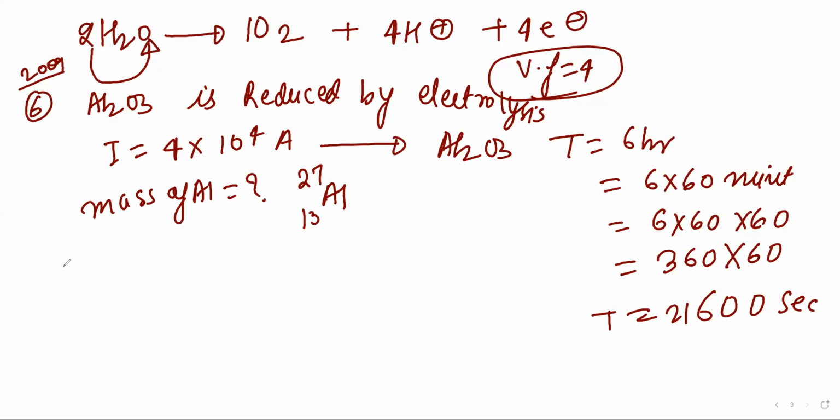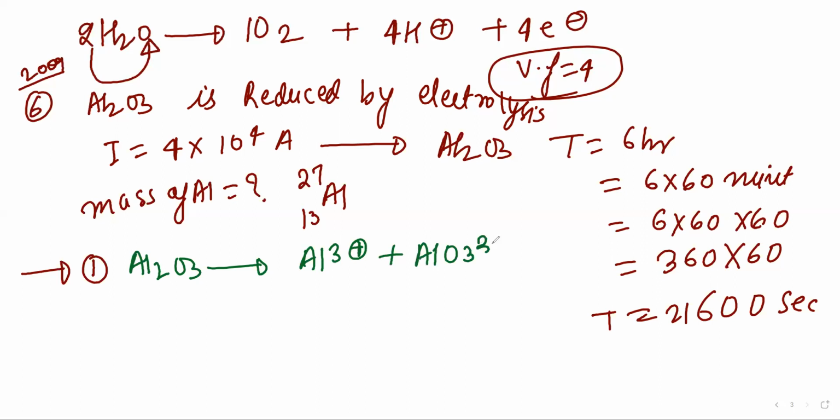Now see, I will write the reactions stepwise. First is the reaction of ionization. Al2O3 dissociates into Al3 plus and O2 minus. This is plus, so it will be deposited at the cathode.